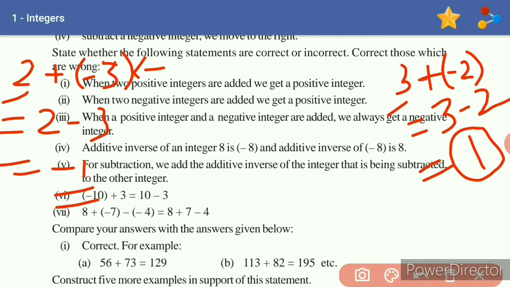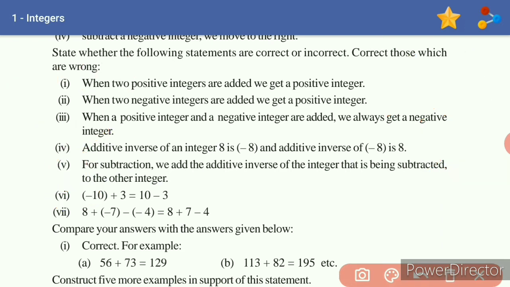So what about the statement? The statement says we always get a negative integer. This is not necessary. We may or may not get a negative integer. Here we have two examples: in one example we got a positive integer, and in another we got a negative integer. So the statement is incorrect, because it says we always get a negative integer.